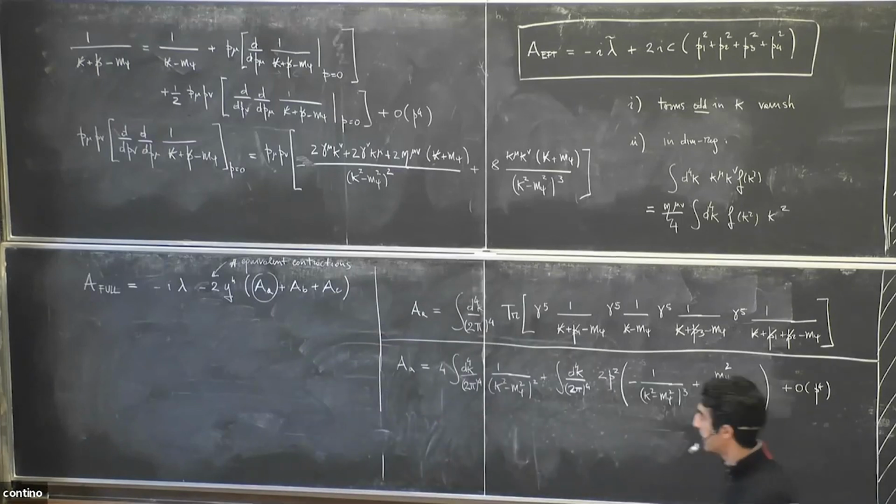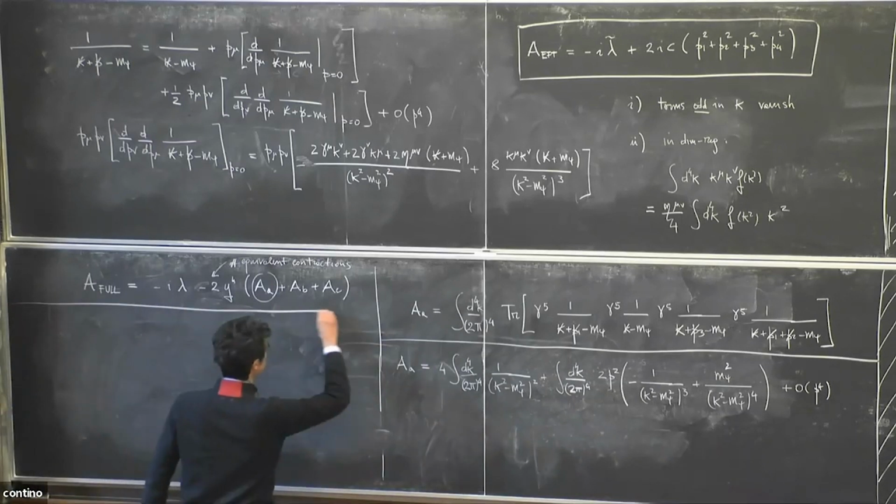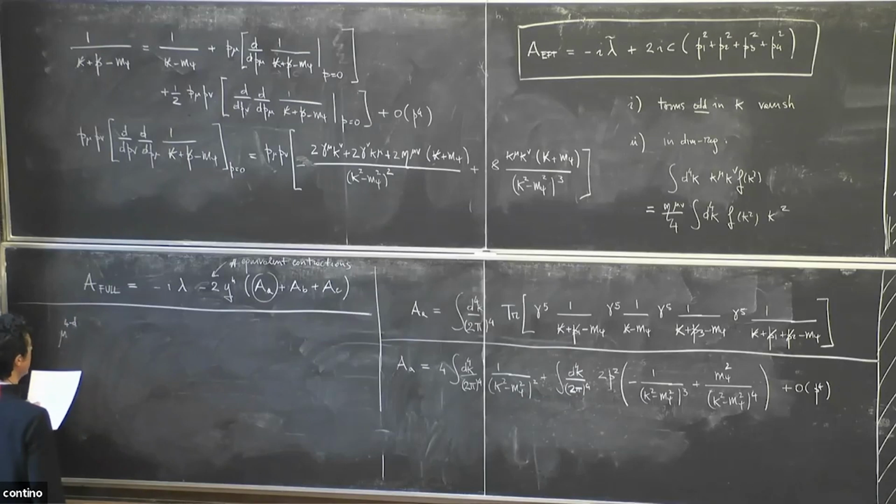And in dimensional regularization, you can derive the following identity. Okay, so mu is the subtraction normalization scale in dimensional regularization. So mu to the 4 minus d, where d is the number of dimensions.